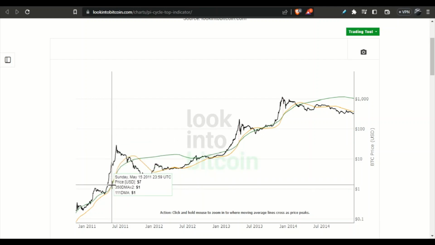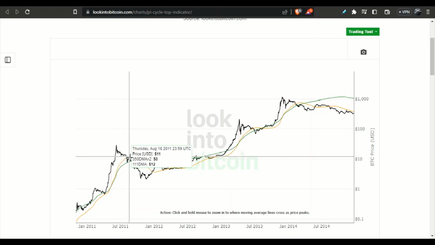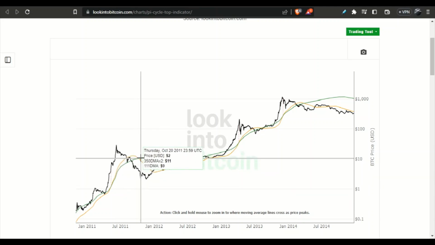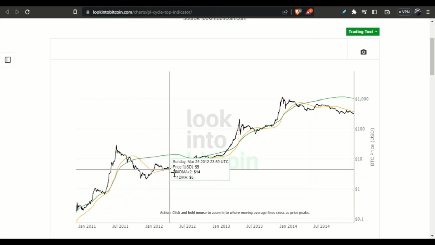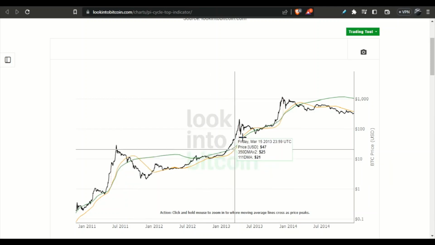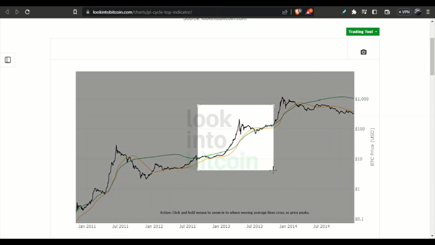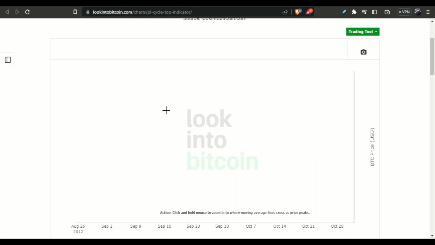Now it crossed here, orange over green, didn't last too long. We witnessed a top, and then price went down until orange broke back down and went to be lower than green.